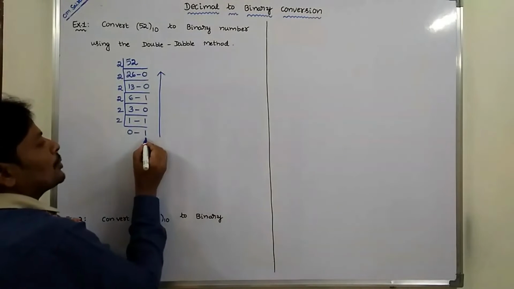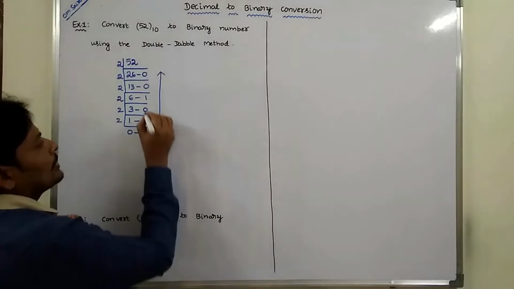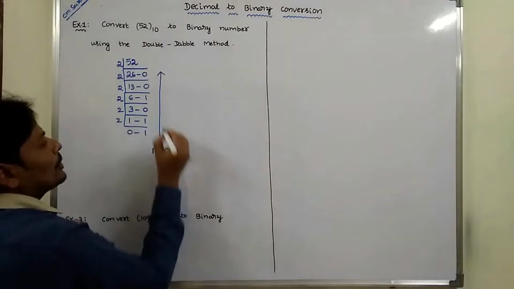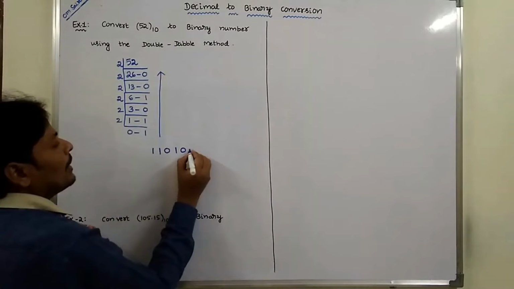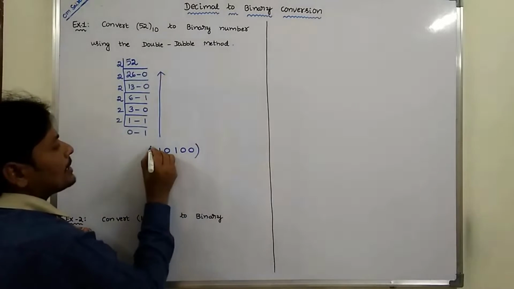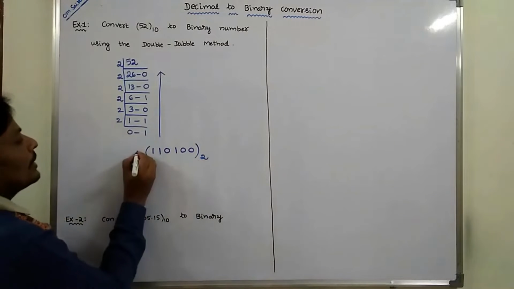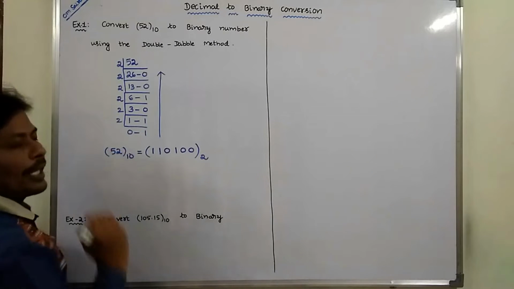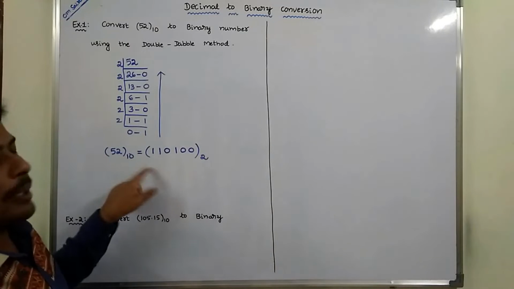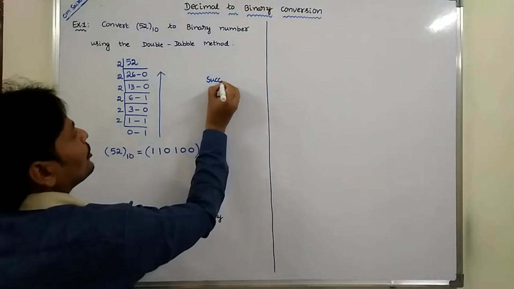So from bottom to top, the remainders are: first 1, second 1, third 0, fourth 1, fifth 0, sixth 0. So this is the equivalent binary integer number for the decimal integer number. For that purpose we use the successive division by 2 method.